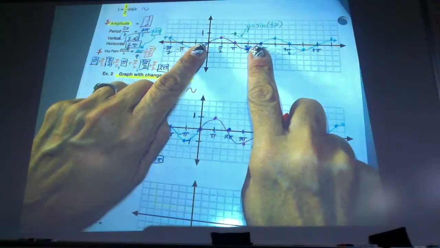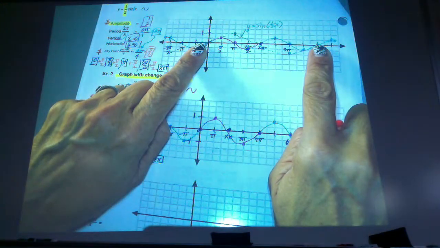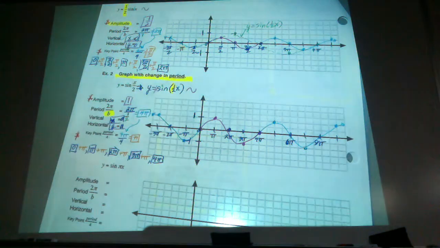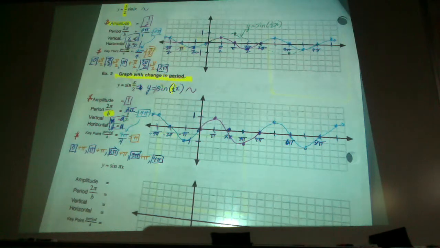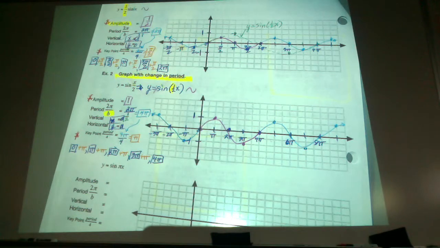One period for this one, one period for that one. It's twice as big. And their amplitudes are different. So they are vastly different, but when you change the scale, they are kind of forced to look the same.